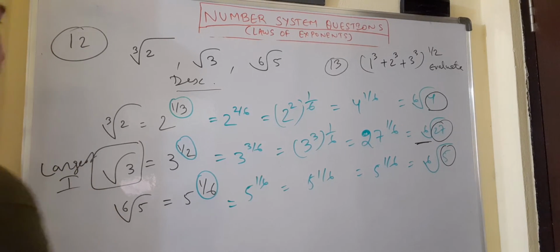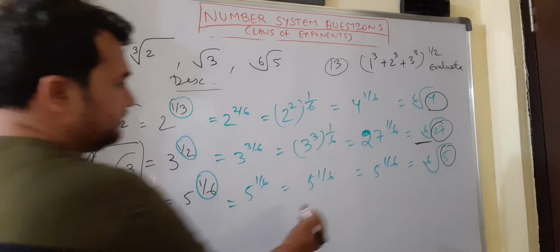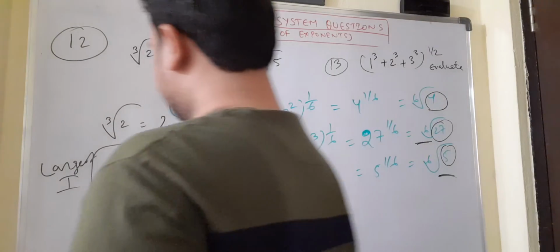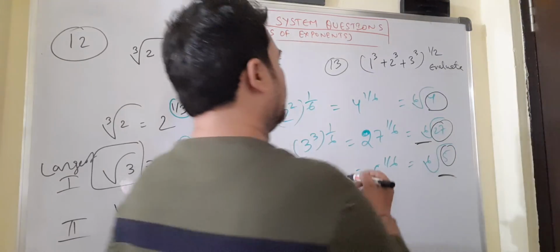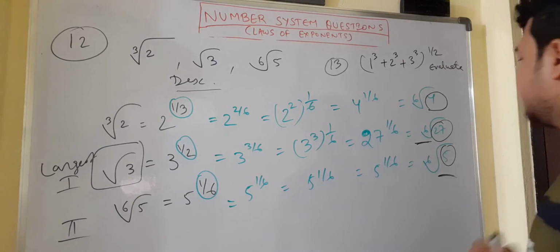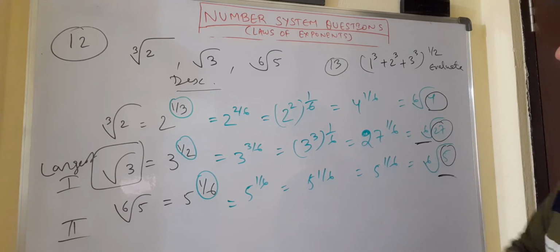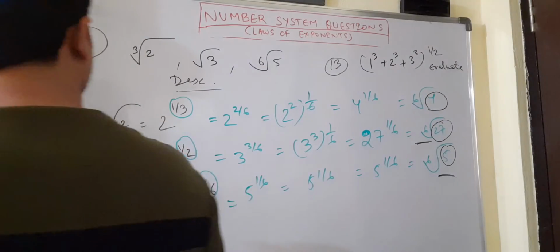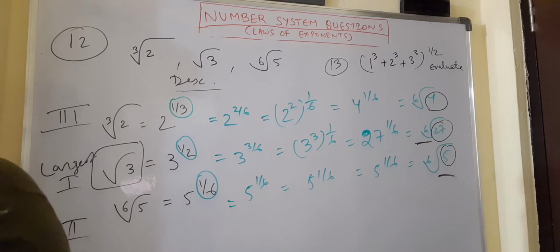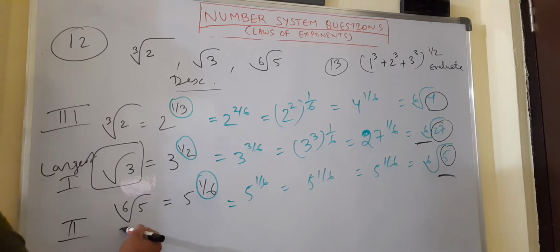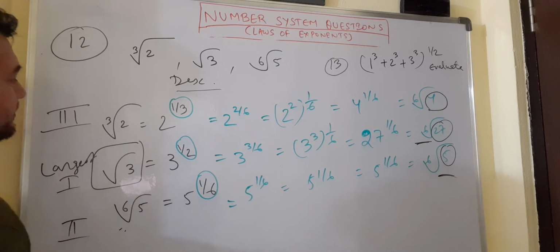Then smaller than this is number 5. This is at number 2, the first runner-up and the second runner-up. The second runner-up is this number, the third one. So this is highest, this is after that, and this is the lowest.